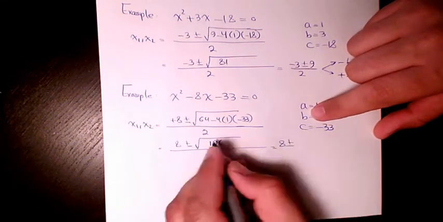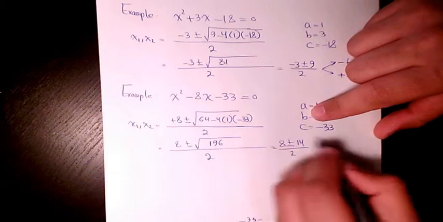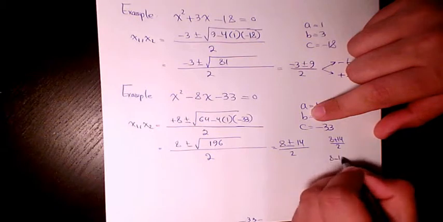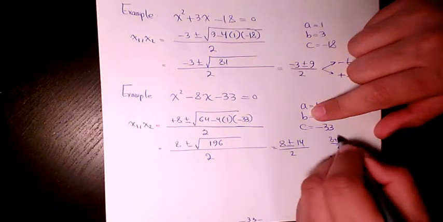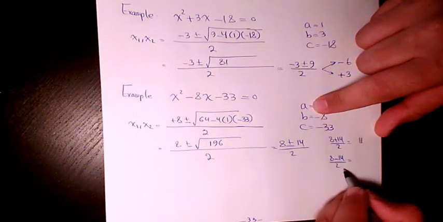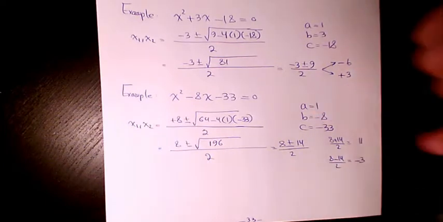Square root of 196 is 14. So the answers are 8 plus 14 divided by 2, and 8 minus 14 divided by 2. That will be 22 divided by 2, which is 11. And here negative 6 over 2 is negative 3.